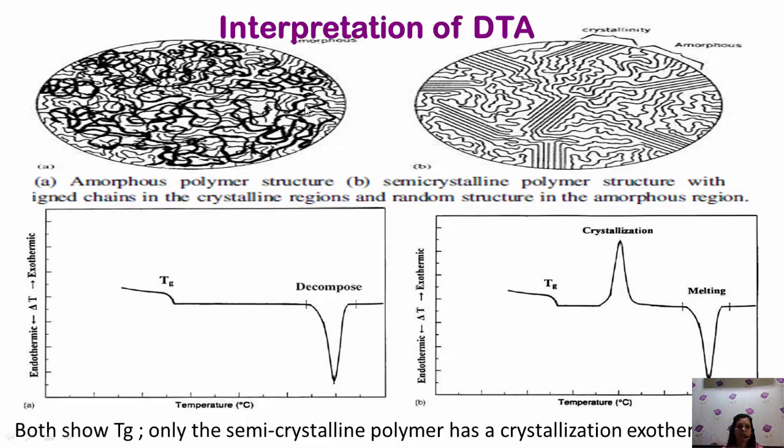For the first type, the amorphous polymer, the graph obtained shows only an endothermic peak. It shows decomposition temperature with respect to the endothermic peak, whereas the semi-crystalline material shows crystallization temperature, an exothermic peak, as well as an endothermic peak. This endothermic peak gives me decomposition, or I can say melting point, thermal crystallinity.